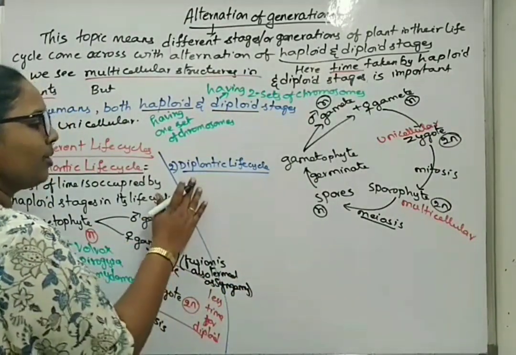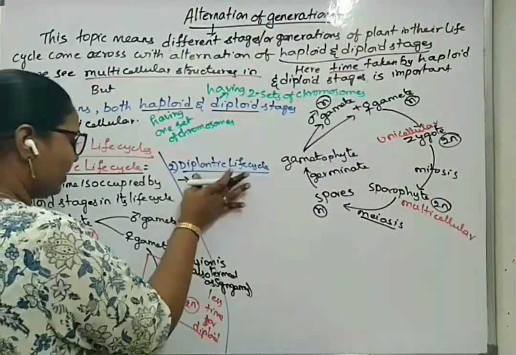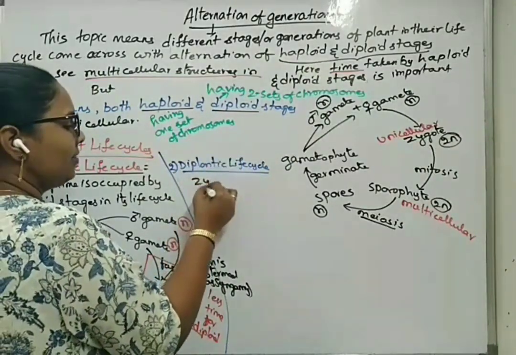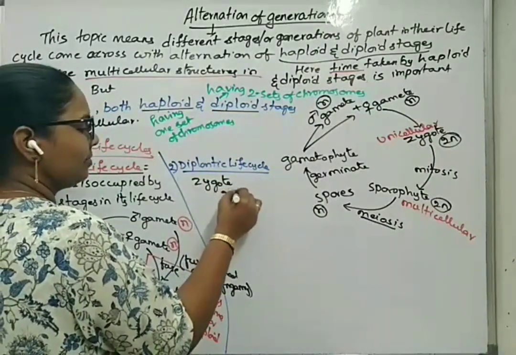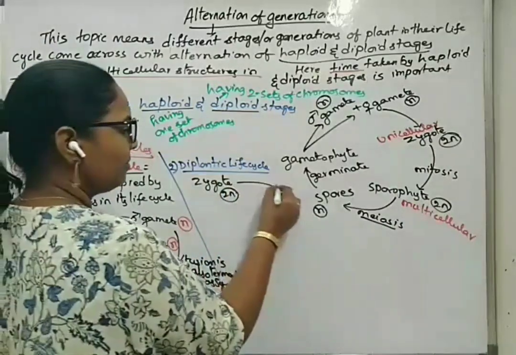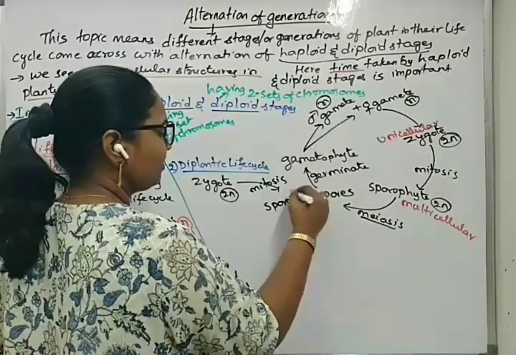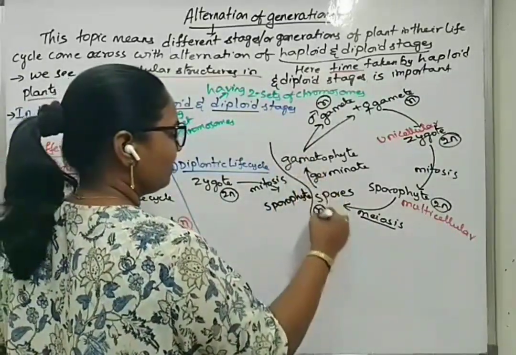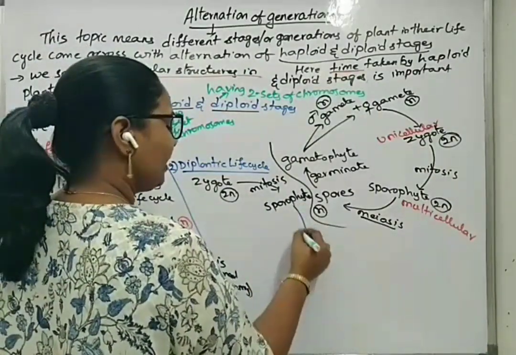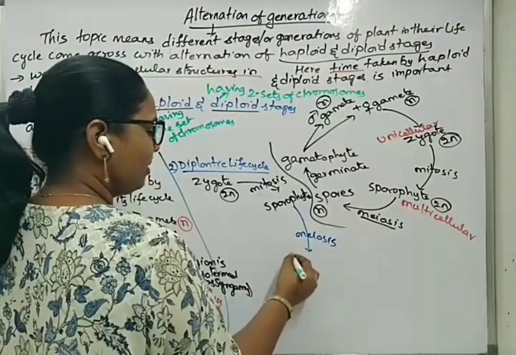Now, coming to the diplontic life cycle, we will write the first life cycle. We will start with the zygote, which is diploid. The zygote undergoes mitotic division, mitosis, and gives out the sporophyte. The sporophyte undergoes meiosis and gives out spores.